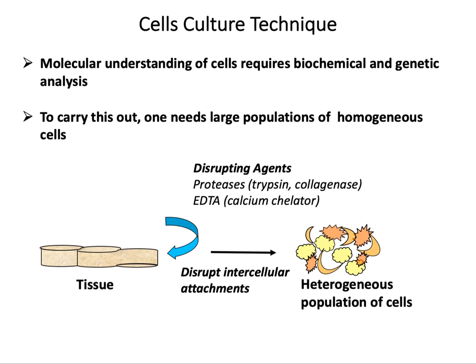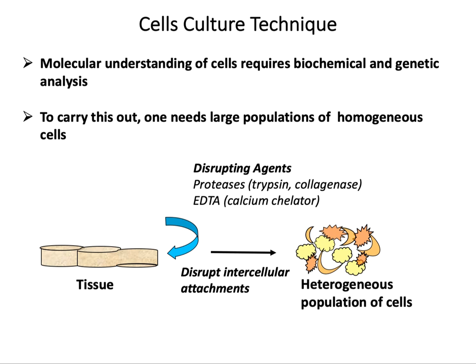But if you are working with a very rare cell type, then it is inconvenient to purify cells from a very large volume of tissues, plus it is expensive and labor-intensive. So it is often easier to isolate the cells from tissues and propagate or multiply them in culture.